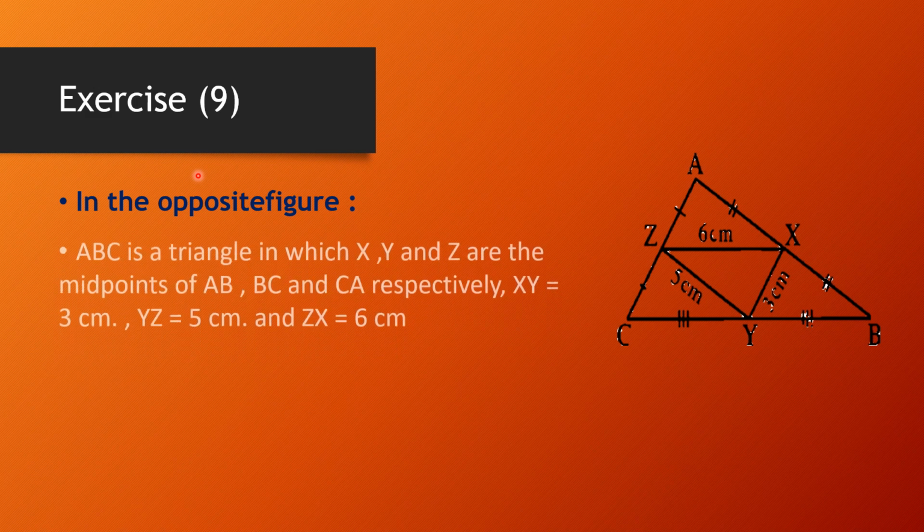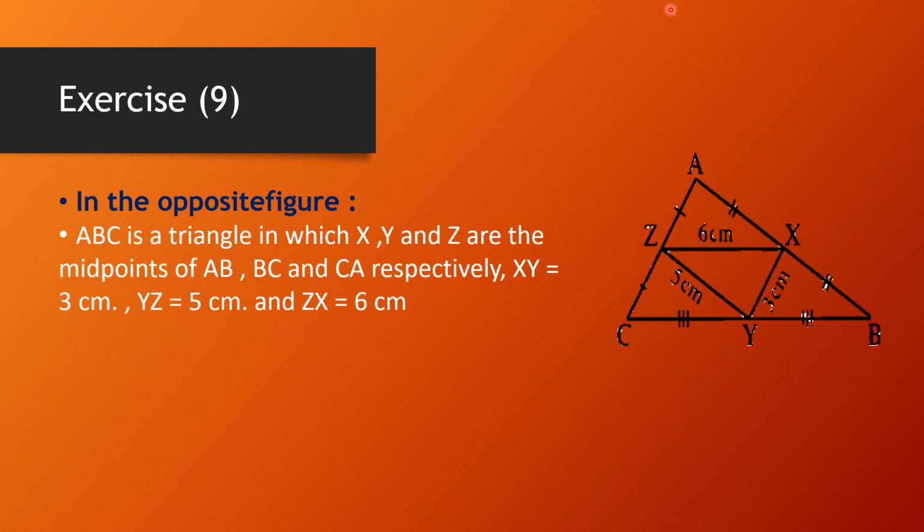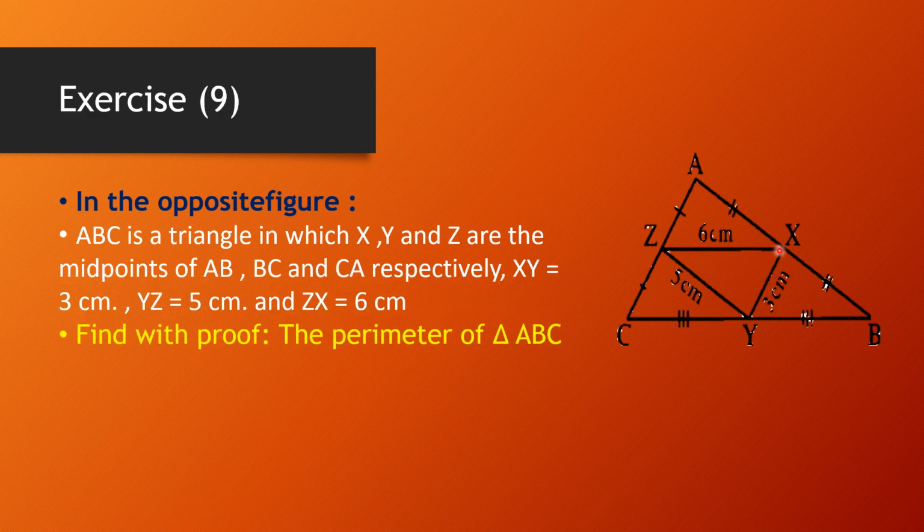In the opposite figure, ABC is a triangle in which X, Y, Z are the midpoints of AB, BC, and CA respectively. XY equal 3 cm, YZ equal 5 cm, ZX equal 6 cm. Find with proof the perimeter of triangle ABC.